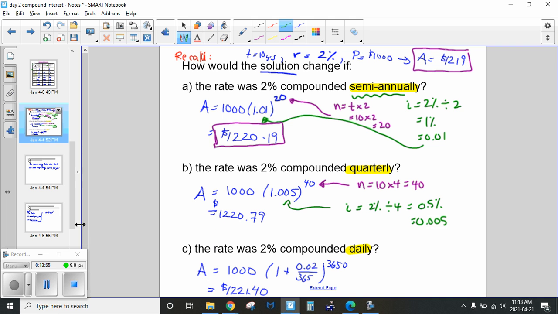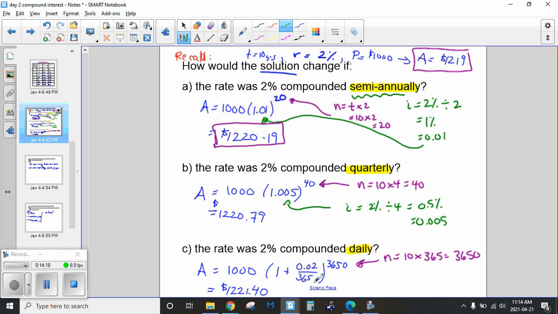And then the last one is daily compounding. For this one, the number of compounding periods is 10 years and 365 days per year. So we're going to collect interest so many times every day for 10 years. So that's my exponent.